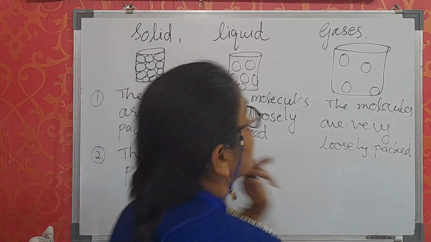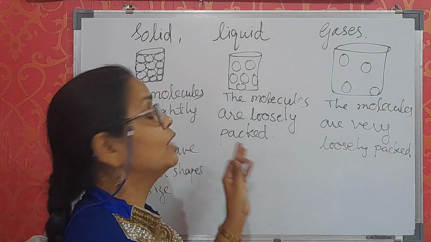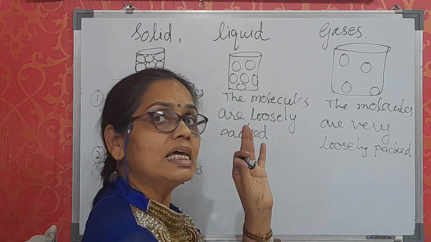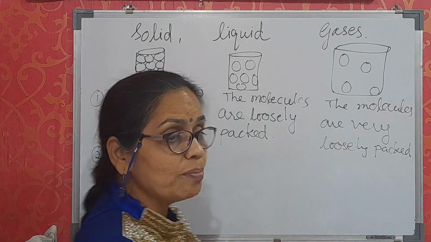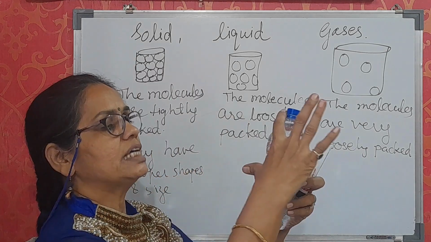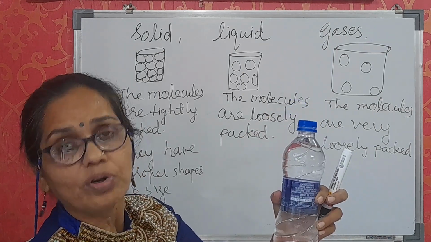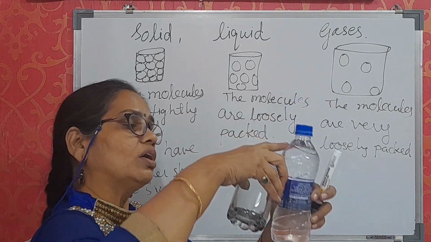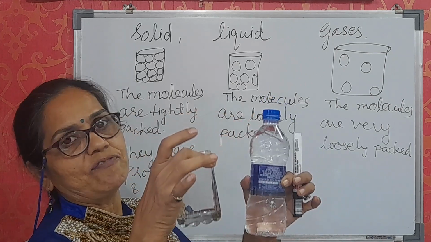Whereas liquids take the shape of the container. That means they do not have proper shape and size. But they have fixed volume. What do you mean by fixed volume? Suppose I pour this water from this water bottle into another glass, the quantity of water will be the same. Only the shape will be changed.